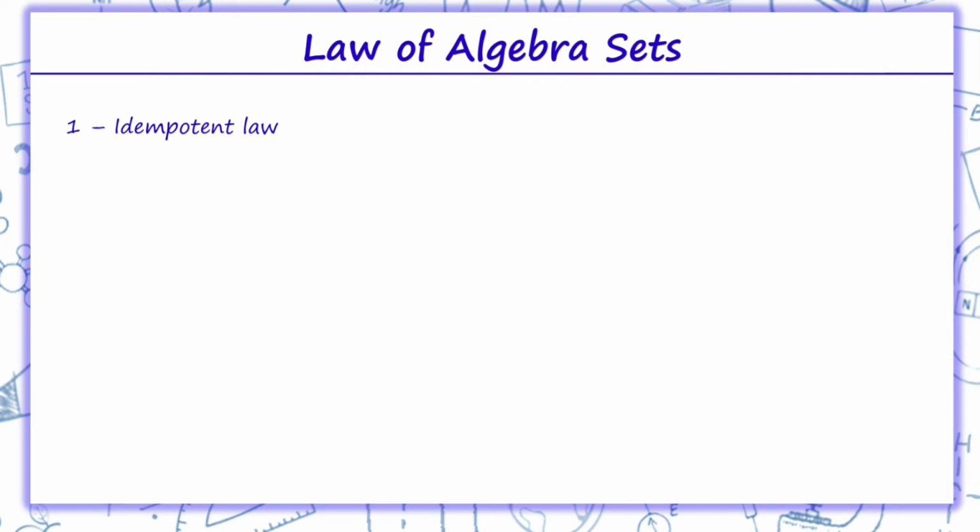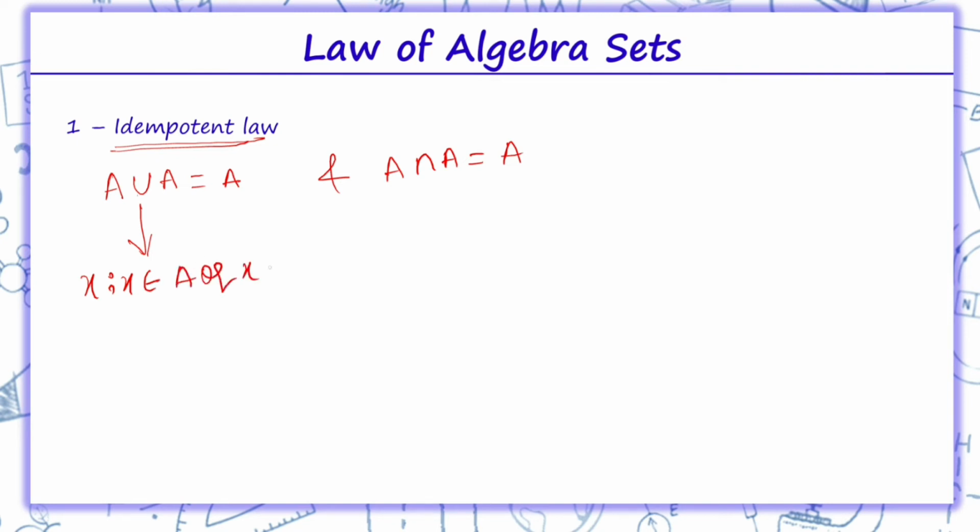Coming on to the first law of algebra of sets, it is the idempotent law. The idempotent law says for any set A, we have A union A is A and A intersection A is A only. Now A union A can be written as {X such that X belongs to A or X belongs to A}, since it is union.